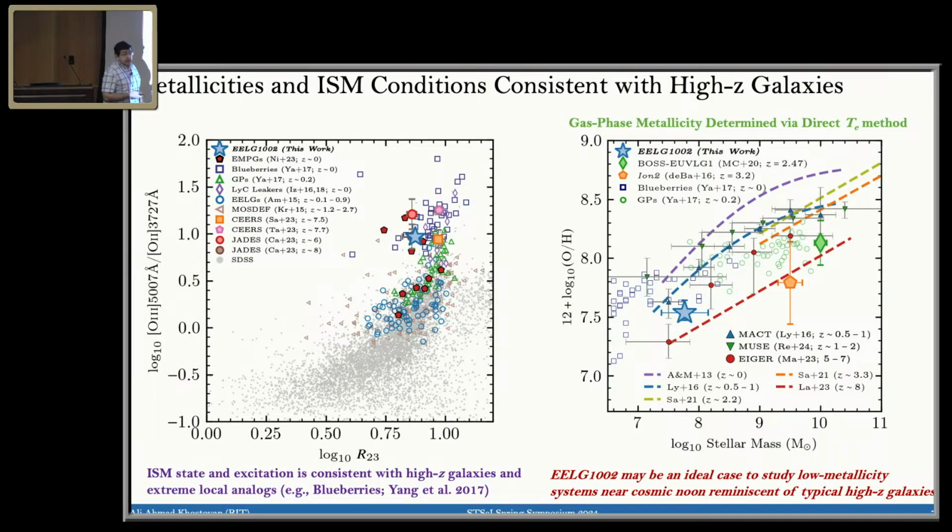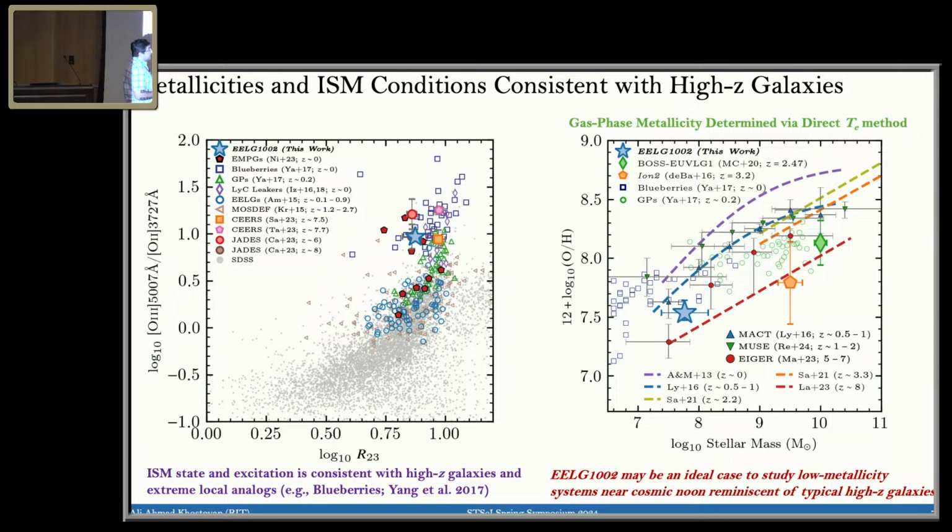When we look at the ISM properties of this galaxy, we find that it has quite energetic ISM conditions, traced by the O32 indicator, or line ratio, and it's comparable to high redshift sources that we're also finding with JADES, with CEERS, and various other JWST programs, and comparable to low-z analogs of high redshift galaxies.